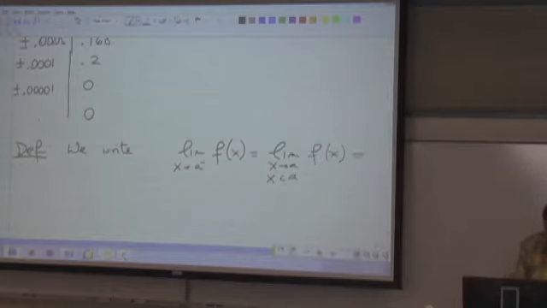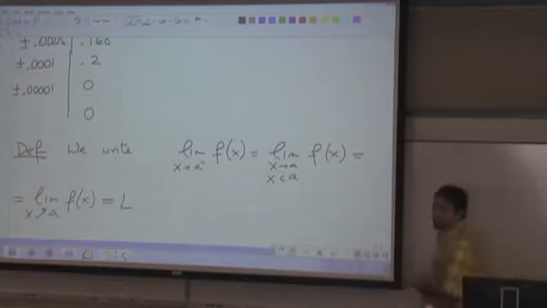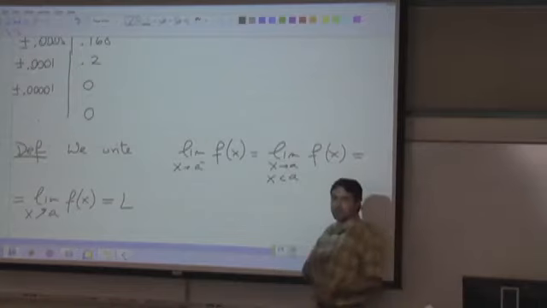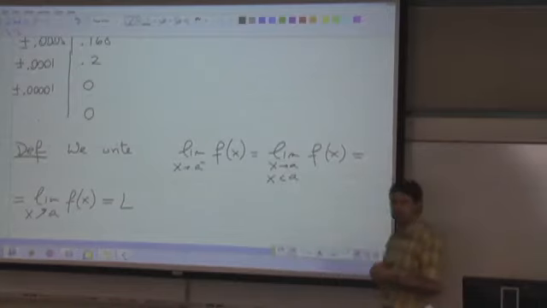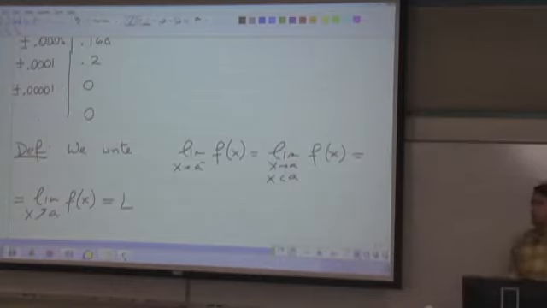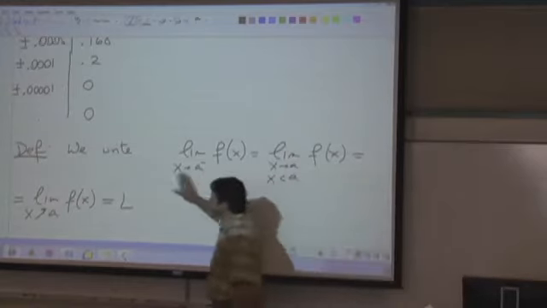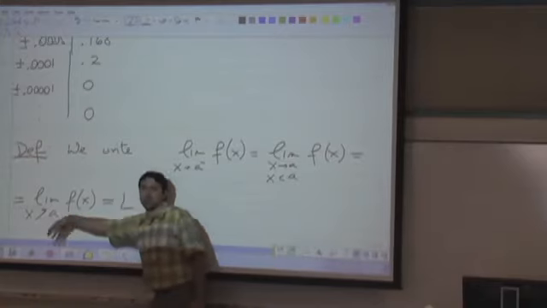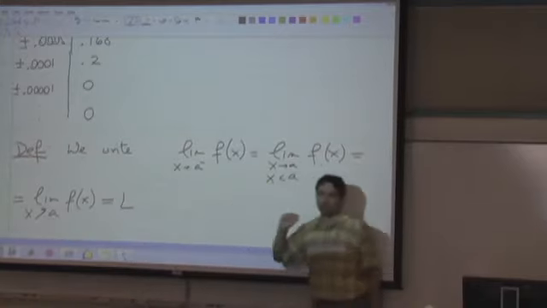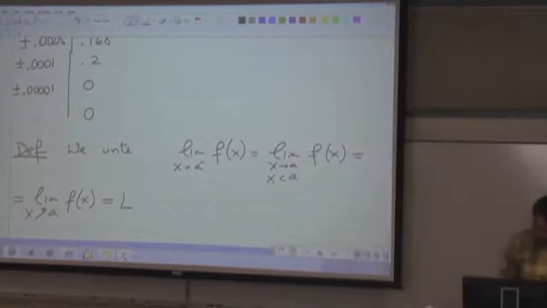Or a third notation, which I might actually use more than anything else, is x with an upper arrow towards a, in the sense that it goes up to a. I'll probably use this the most, but if I slip up and write this, then you know what I mean. So all those three are saying the same thing.